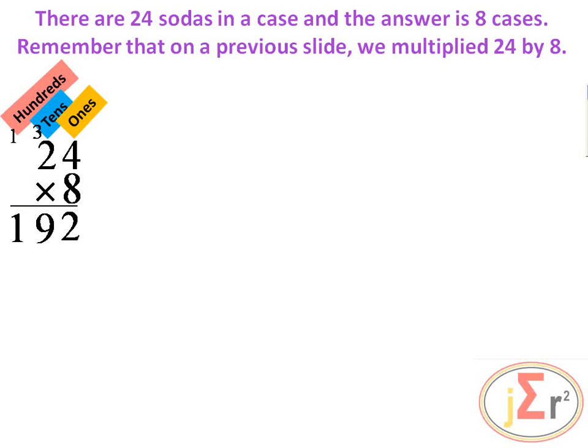There are 24 sodas in a case, and the answer is 8 cases. Remember that on our previous slide, we multiplied 24 by 8. When we multiplied 24 by 8, what did we get? 192. How many sodas does she need? 200. Right. So if we use 8 cases, we'll just get 192 sodas. We will not get 200 sodas. Right, it will be short by 8.